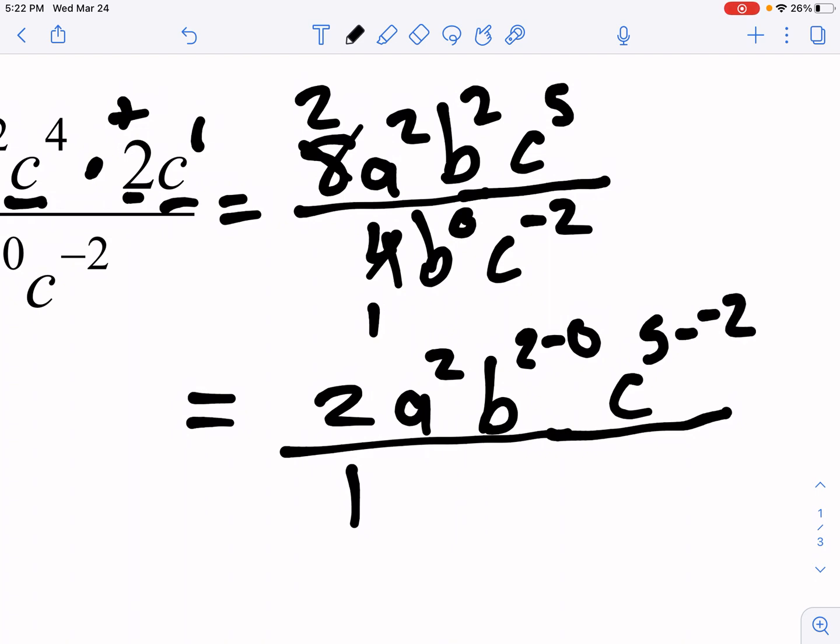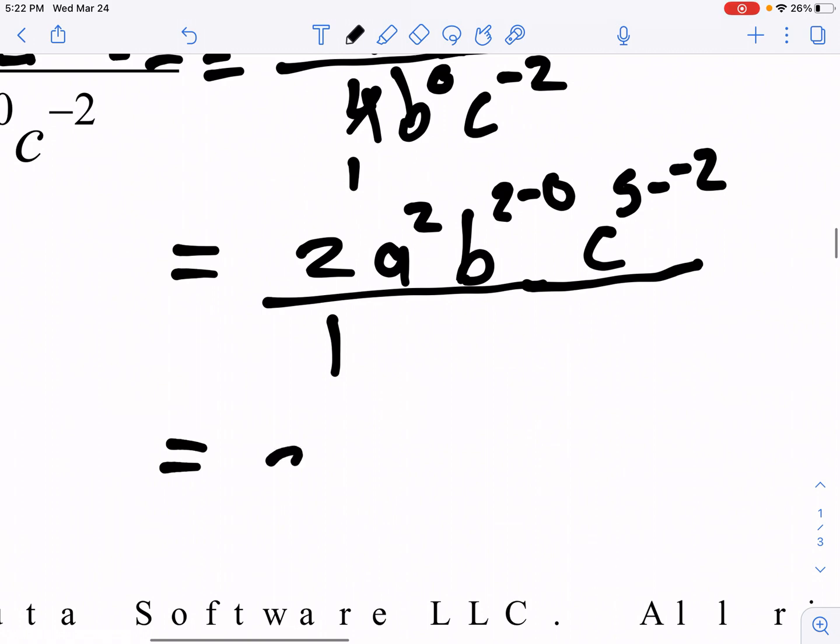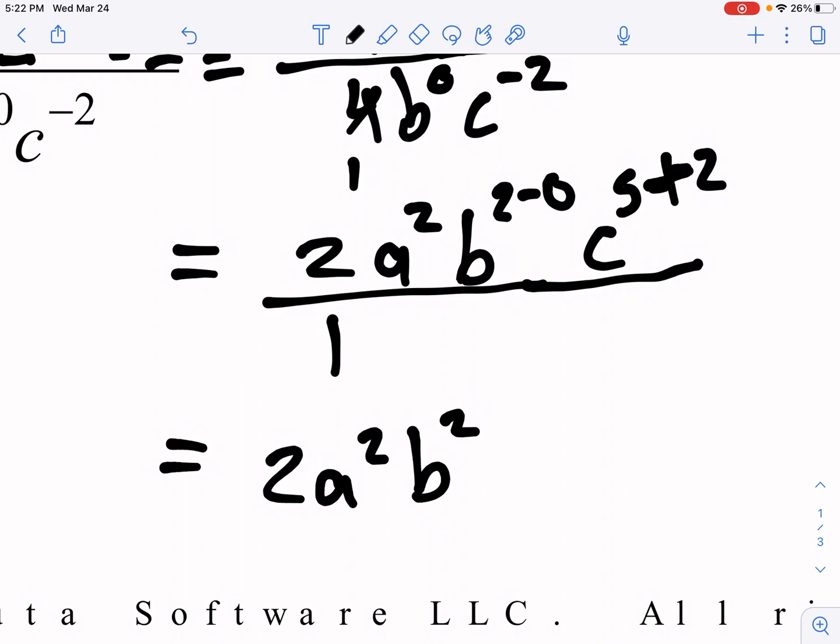So we have 2a squared, 2 minus 0 would be 2, and then 5 minus a negative, 5 plus 2 would be 7, okay? So you could say it's over 1, but do we really need to put it over 1 since there's nothing there? Not really, okay? So we can go back here and just leave it as this since we have division by 1, and that would be our solution, okay?